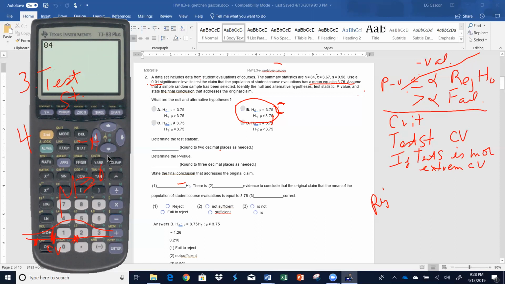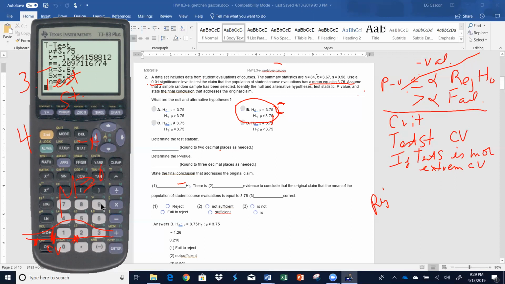I lost my work here. I must have hit something. Start again. Okay, N is 84. And this now has got to be not equal, hit enter. I did not want to do that. My thing is getting too sensitive on me. Okay, here we go. Enter. Now calculate.